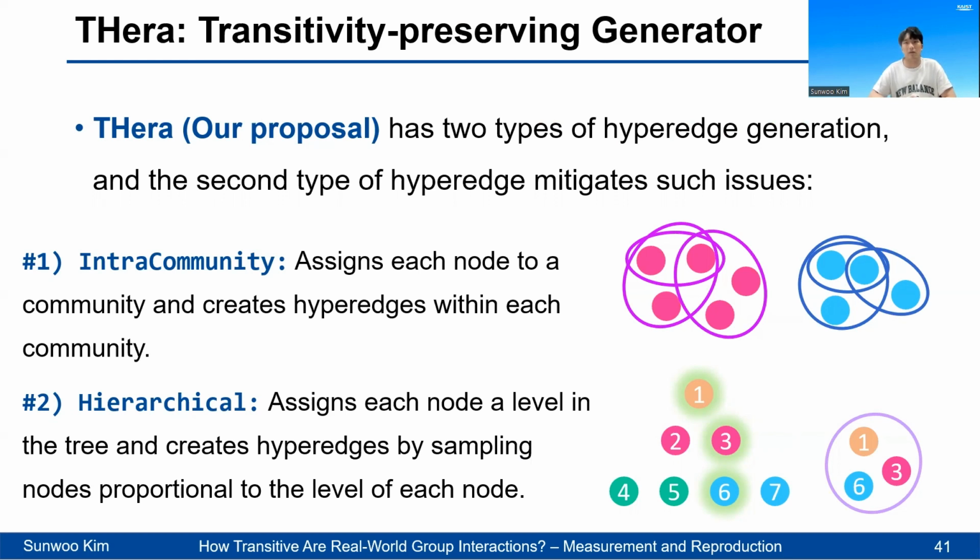To generate a hierarchical hyperedge, Thera assigns each node a level in the tree and creates hyperedges by sampling nodes proportional to the level of each node. Specifically, nodes at the upper side of the tree are more likely to be sampled, and the nodes are sampled regardless of the communities they are involved in. And thus, near uniform degree distribution and disconnected hypergraph issues can be mitigated.